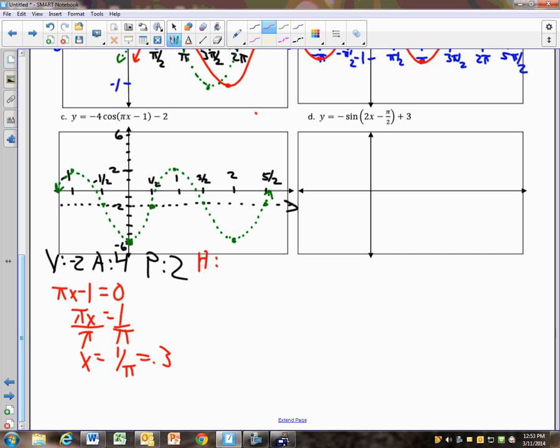That's approximately 0.3. How does 0.3 compare to your tick marks? Is it more than a tick mark? It's less. Is it more than half a tick mark? Yeah, half a tick mark would be 0.25. So I take all of these points and move them over more than half a tick mark. It's not going to be exact, but it'll be pretty darn close.